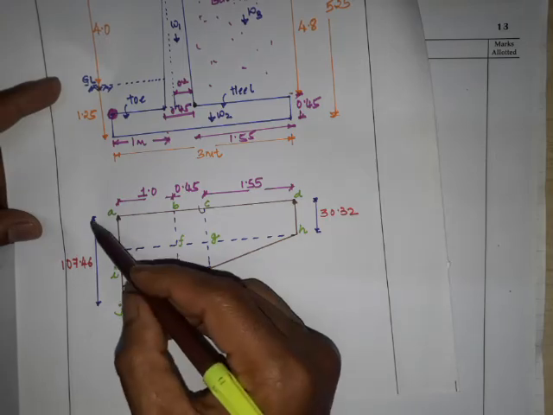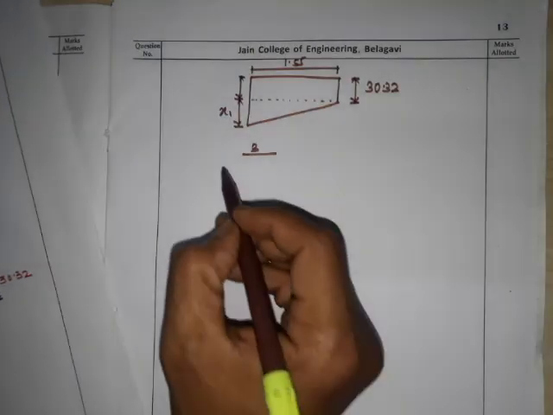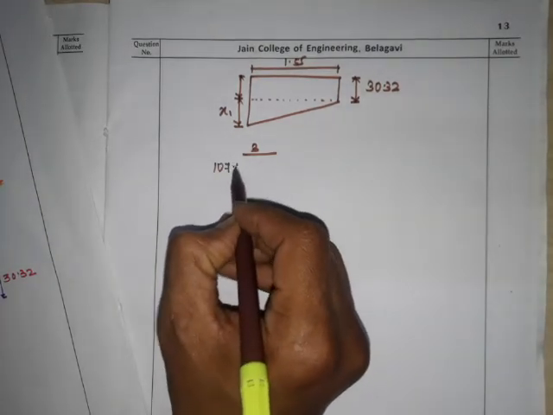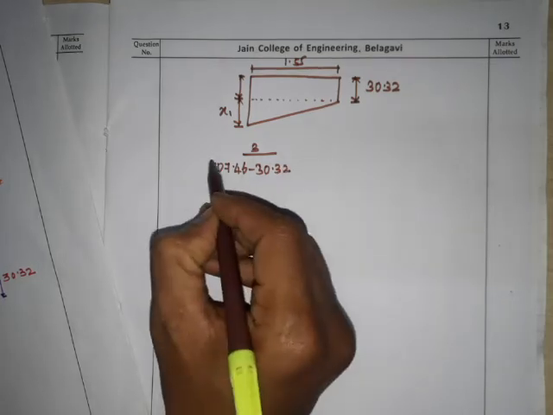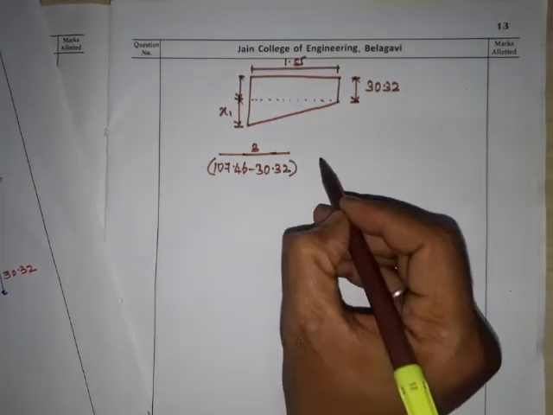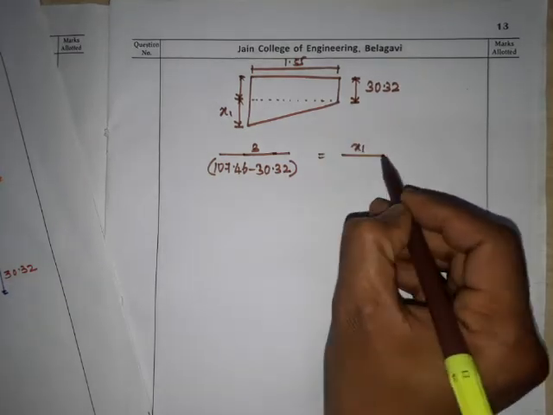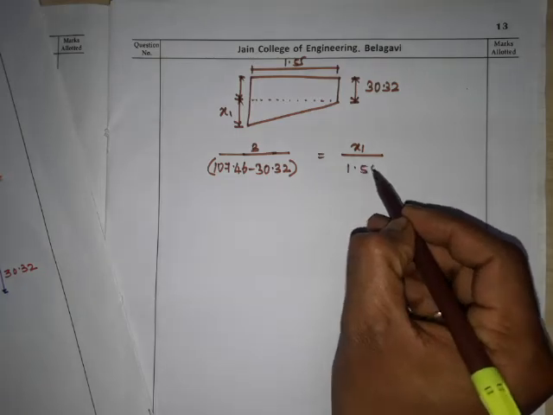This height is 107.46 minus 30.32, which is equal to x1 divided by this 1.55.